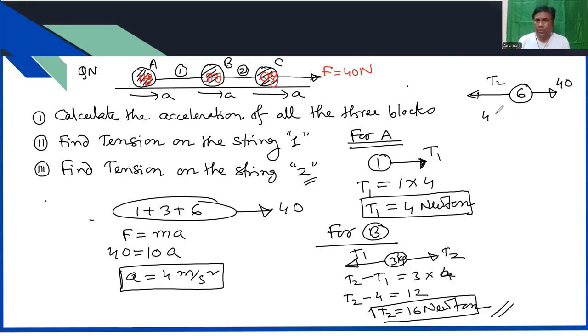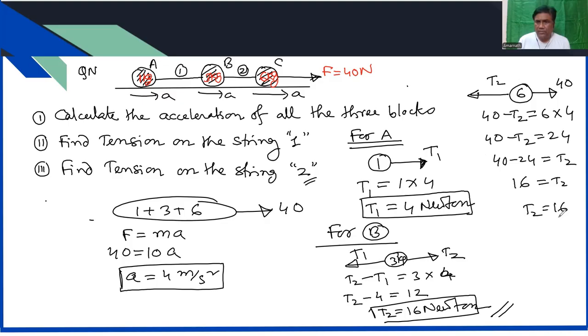So it should actually be 40 minus T2 must be equal to 6 into 4, no? So 40 minus T2 equals 24. It means 40 minus 24 equals T2. It means it is 16. So T2 equals 16. Okay. So in both ways, the answer should be the same only.